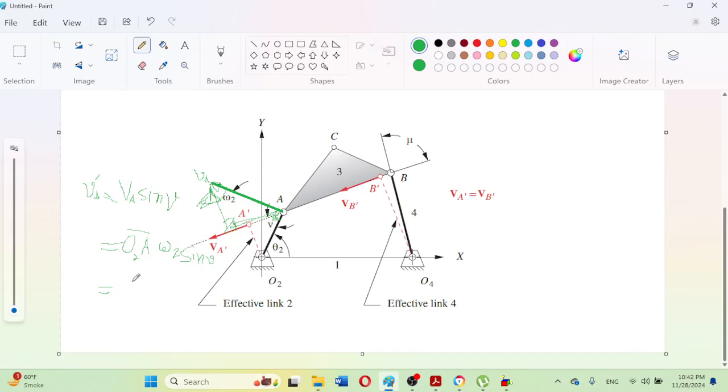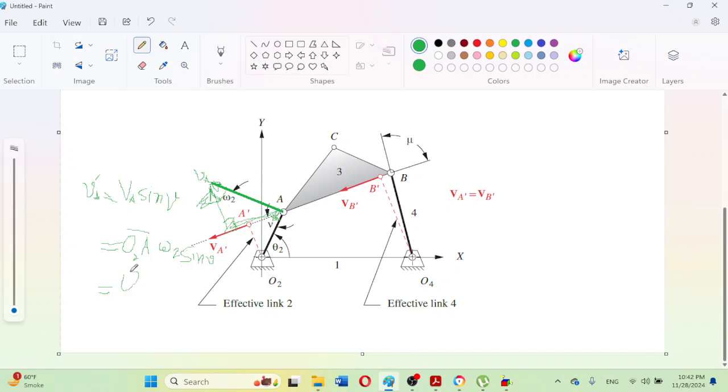So if we take sine V, sine V will be equal to O2A dash divided by O2A, because sine is perpendicular over hypotenuse.